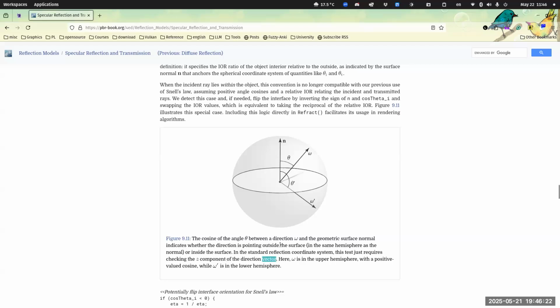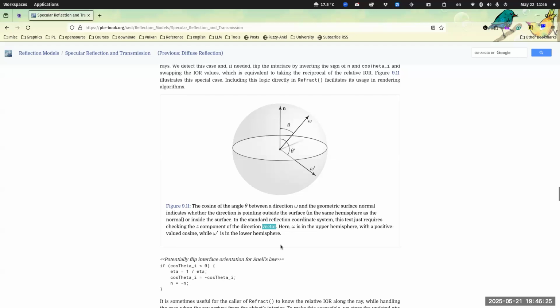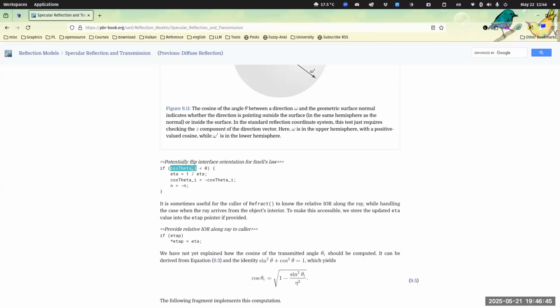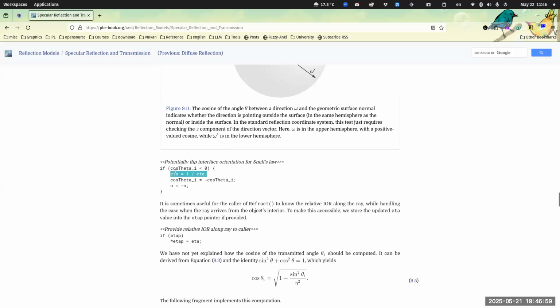Here it is positive, but omega prime is in the lower hemisphere, so it should have a negative cosine. So yes, if the cosine is less than 0, then we just flip the index, flip the IOR, and also flip the vector.